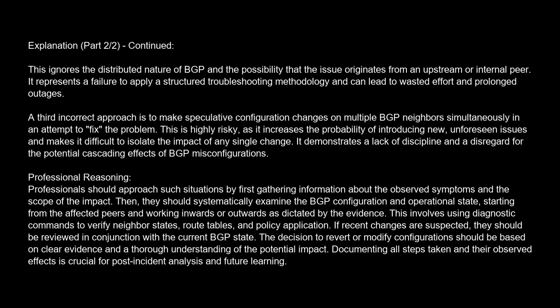If recent changes are suspected, they should be reviewed in conjunction with the current BGP state. The decision to revert or modify configurations should be based on clear evidence and a thorough understanding of the potential impact. Documenting all steps taken and their observed effects is crucial for post-incident analysis and future learning.